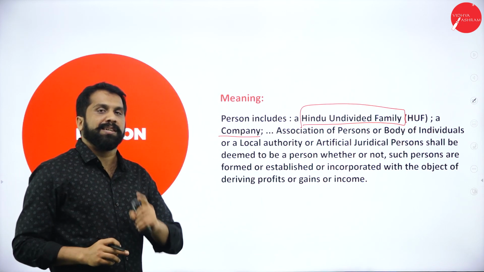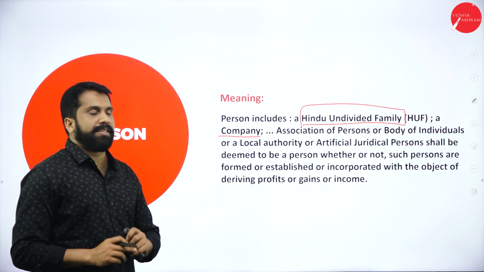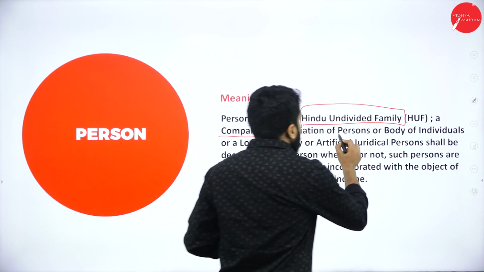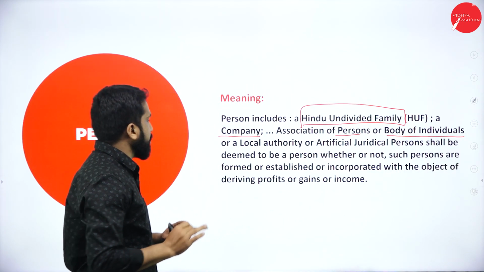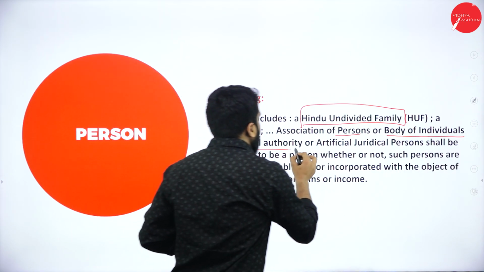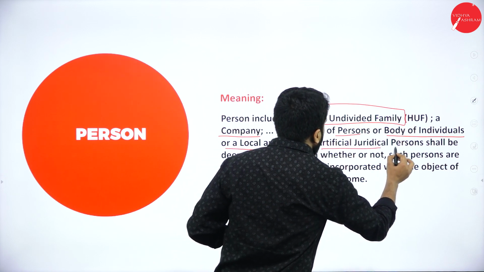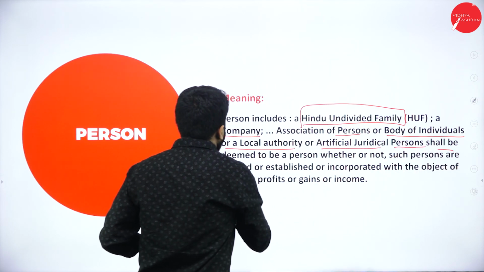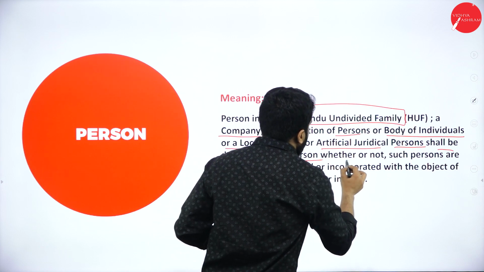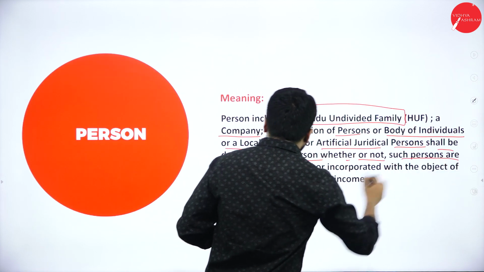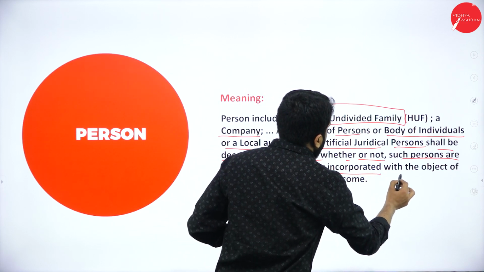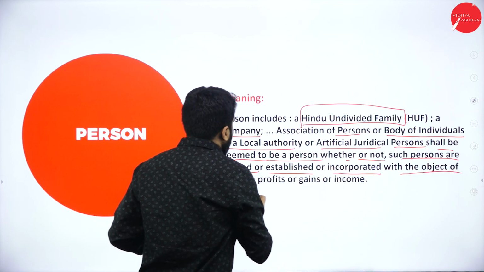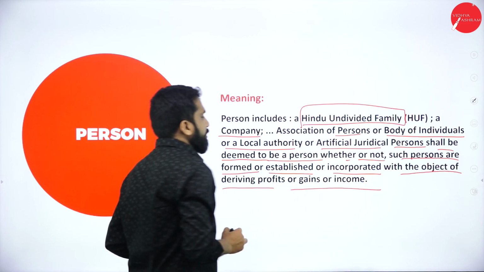Wipro, Infosys, we call it as a person. Now, association of persons or body of individuals. Now, a local authority or artificial juridical person shall be deemed to be a person whether or not such person is formed or established or incorporated with the object of deriving profit or gains.